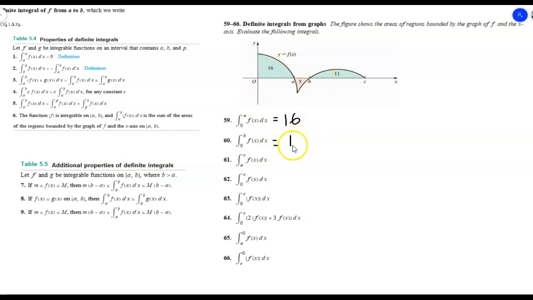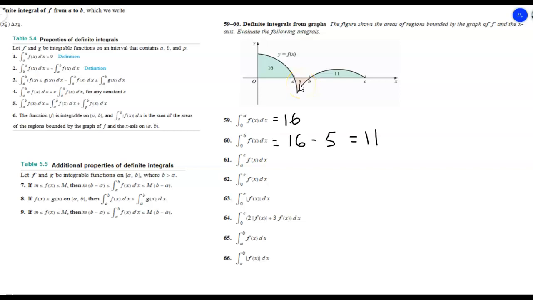The second one says from 0 to b. So I have to include the area above, and then I have to subtract out the area below. In this case, it's going to be 16 minus 5, which gives us a net area of 11. We have to make a distinction between net area and total area. Net area is where you add in the amounts that are above the x-axis and subtract out the amounts that are below the x-axis.